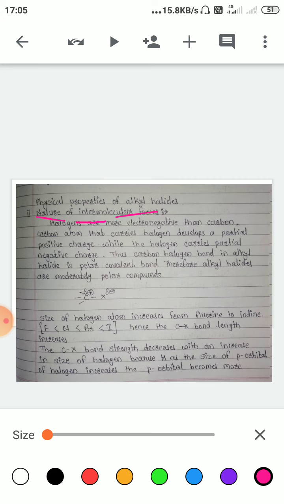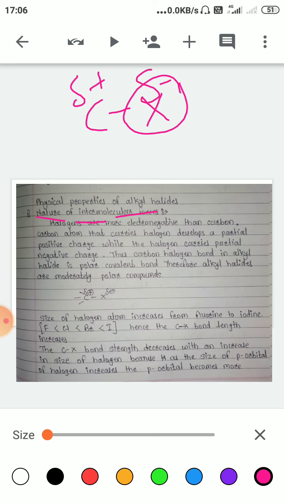Now in alkyl halides the bond is formed between carbon and halogen. We know halogens are more electronegative than carbon. Therefore, a partial positive charge develops on carbon and a partial negative charge develops on halogen.